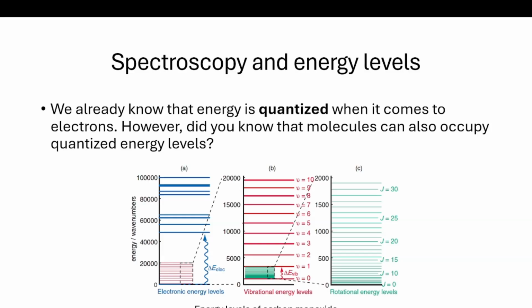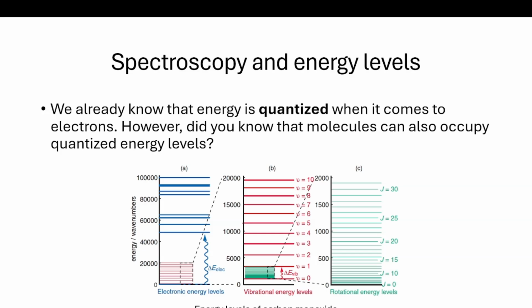So, next I want to talk about something from chapter 2. In chapter 2, we learned that energy is quantized in quantum shells when it comes to electrons. We have orbitals such as 1s, 2p, 3d, 4f, and all that. However, did you know that molecules can actually occupy quantized energy levels?